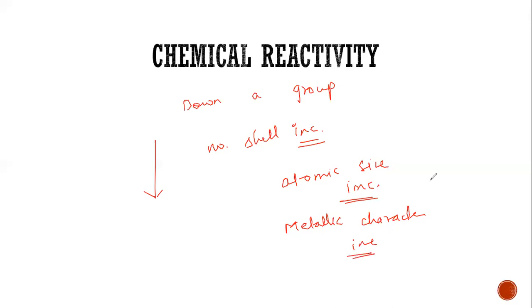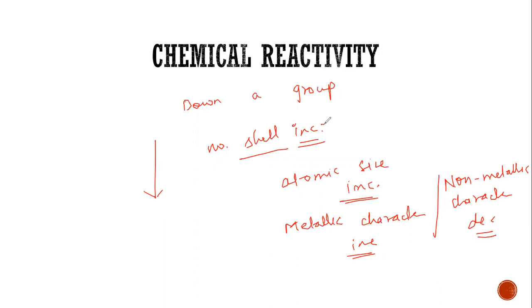At the same time, the non-metallic character decreases, because non-metals have a tendency to gain electrons, which will require more energy. As we move down the group, the number of shells will increase.